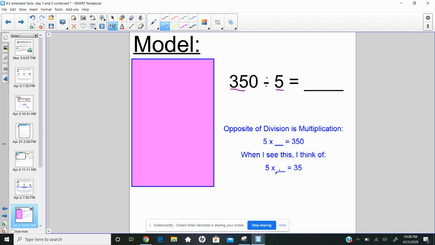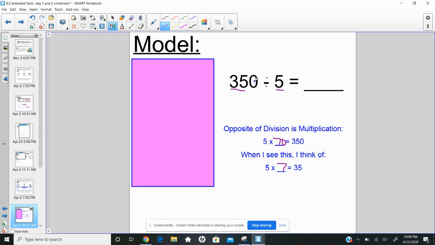And so I know if I count by 5s, 5, 10, 15, 20, 25, 30, 35. I just counted on my fingers and I found that was 7. So that means 5 times 7 is going to equal 350. Ooh, no, 5 times 7 is just 35. So since there's a 0 in my answer, I have to make the 7 have a 0 in the problem.